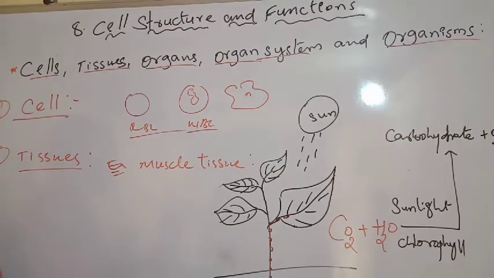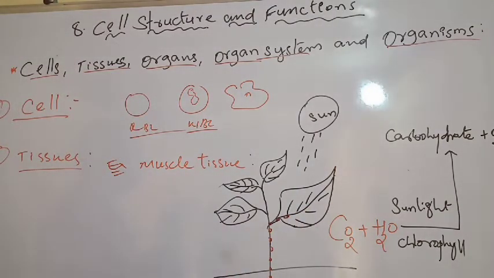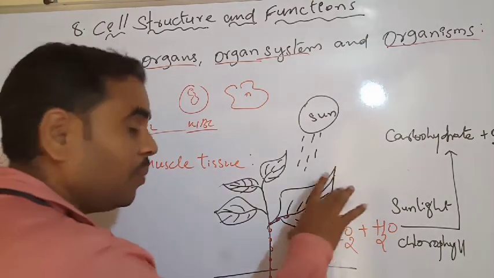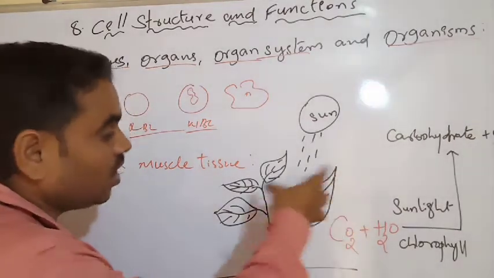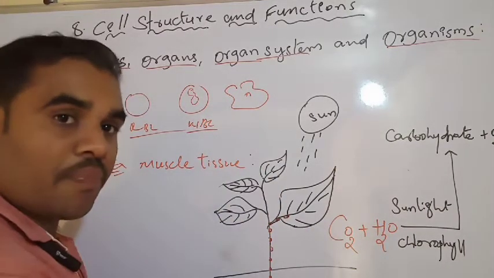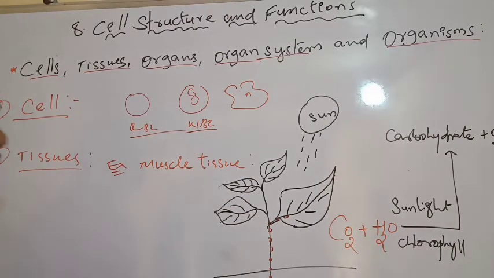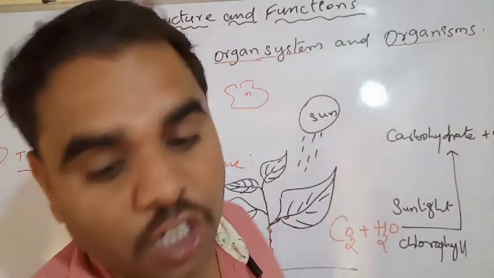The food substances are again transported to various parts of the plant body, and that is done by phloem. This is about tissues.